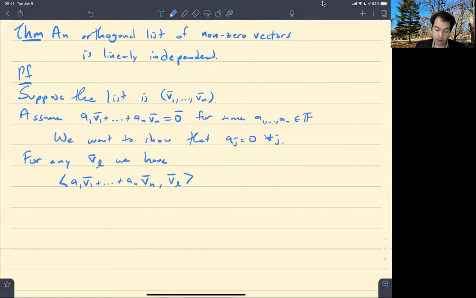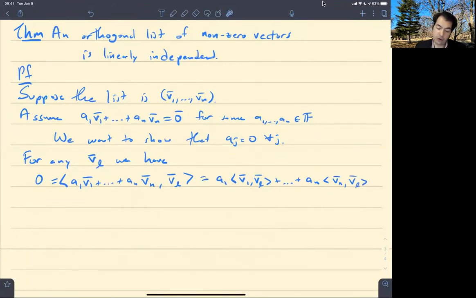On the one hand, we know that this is equal to 0, because this linear combination is the vector 0, and the inner product of 0 with any vector is 0. On the other hand, because the inner product is linear in the first entry, this is equal to a1 times the inner product of v1 with vl plus dot dot dot an times the inner product of vn with vl.